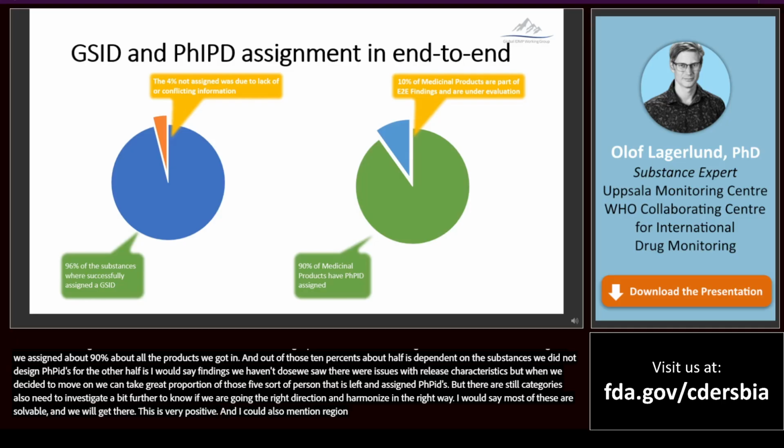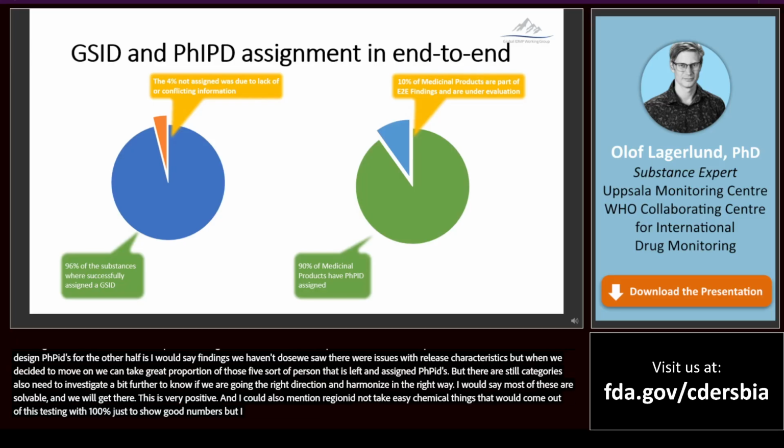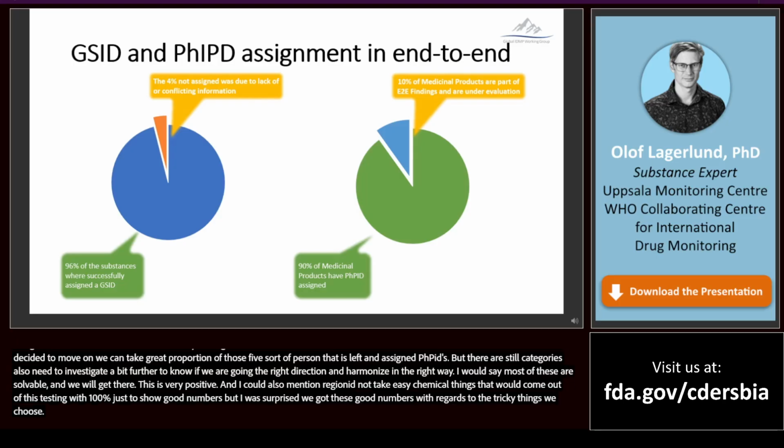We could have gone out of this testing with 100% just to show good numbers. But I was actually surprised that we got these good numbers given the tricky things we chose. So let's see if we can find more tricky things in the future and see how to work with that.